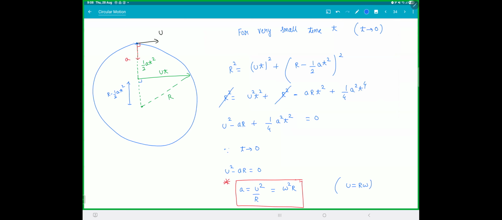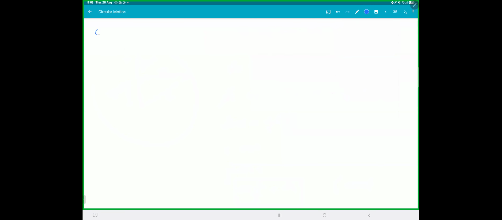What happens if you don't have u square by R? Case 1, let's say you have acceleration a greater than u square by R. That means this particle, since you have more acceleration, will fall more inside, but go less outside because you don't have enough.